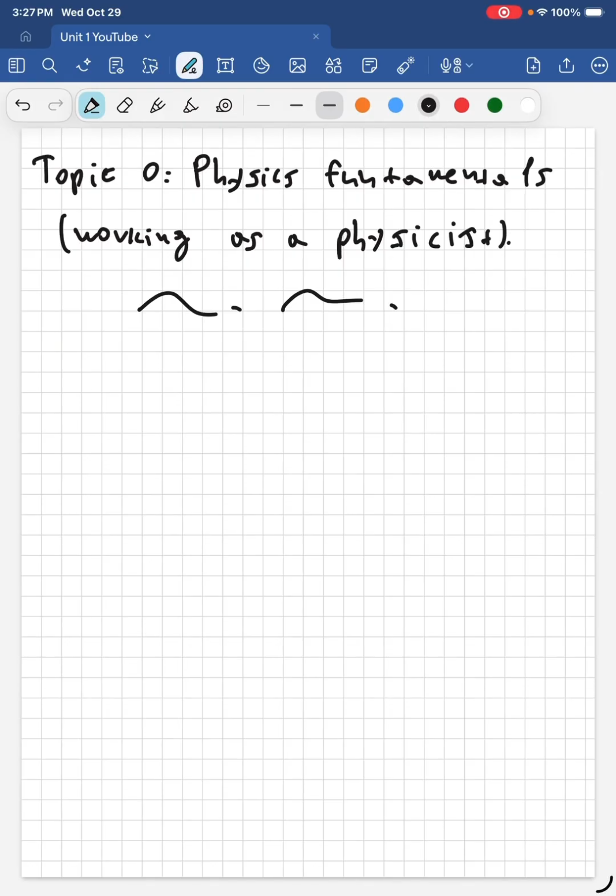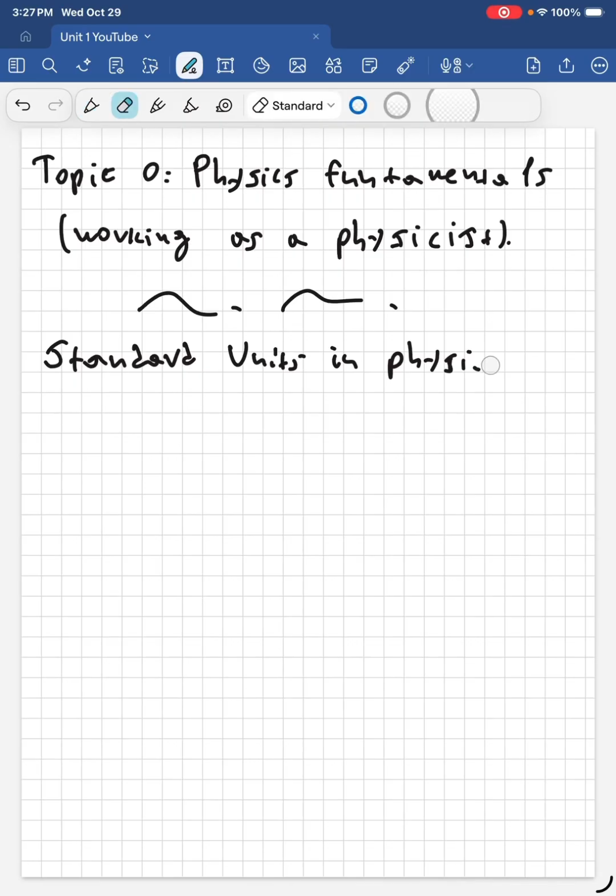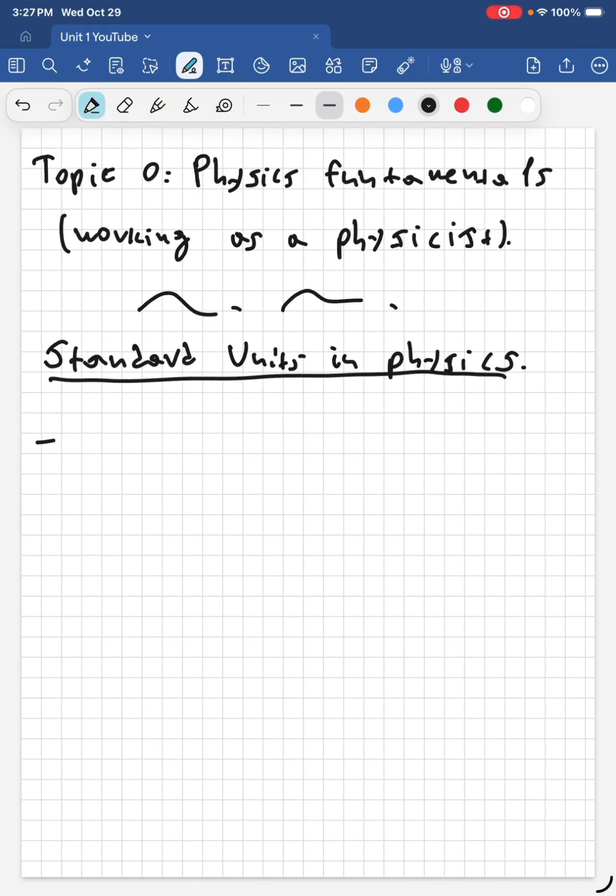Okay, so let's start with the first topic, which is standard units in physics. Okay, so this is information you absolutely need to know. Okay, so physics, I keep repeating this because it's important to me because I studied theoretical physics for my PhD, but physics is primarily an experimental science.